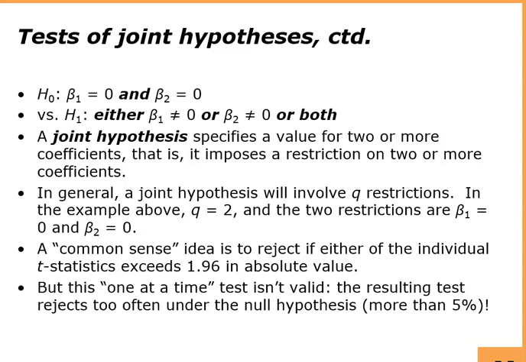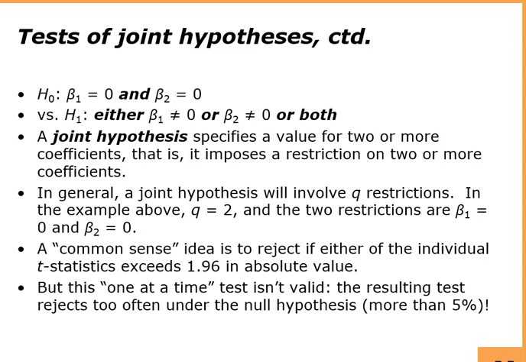What does the word restriction mean here? In this example, we are comparing two different coefficients, beta 1 and beta 2, so our number of restrictions Q becomes 2. If we were comparing three different coefficients, then the number of restrictions would become 3.